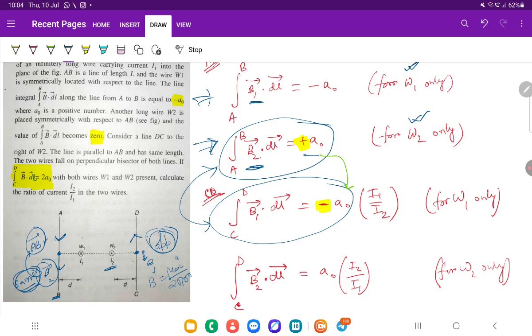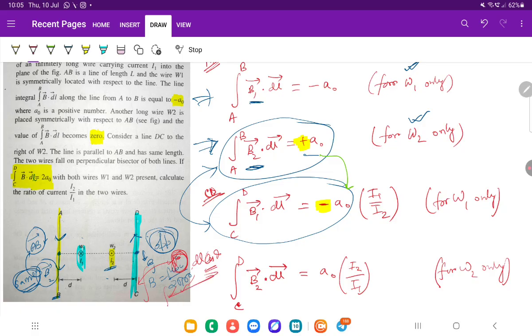So at each point for these two setups, I2 and AB, I mean this one, let me mark with highlighters, I2 and AB and I1 and CD, everything will be same. Everything means mu naught, 2 pi r, and dl length also, and angle, because there will be one cos theta term, right? If you do the dot product, only the I, which is a constant, will change. So when you perform the integration, you can keep I outside, then the rest of the integral value will remain the same.